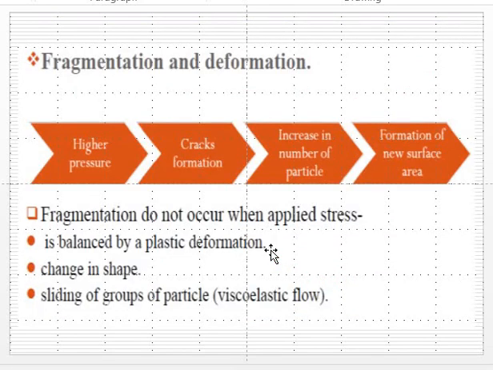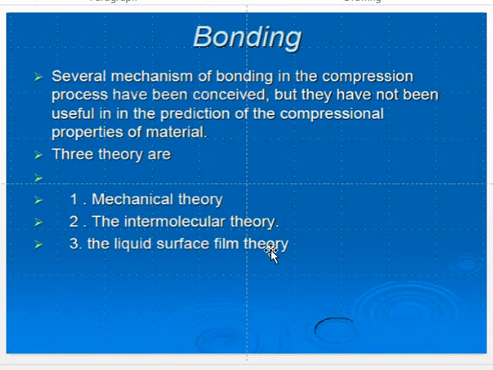Now, after the final application of the pressure, generally bonding will take place. It means when we say that plastic deformation has occurred, your total granular material or loose material is trying to acquire the final tablet shape or compactness.